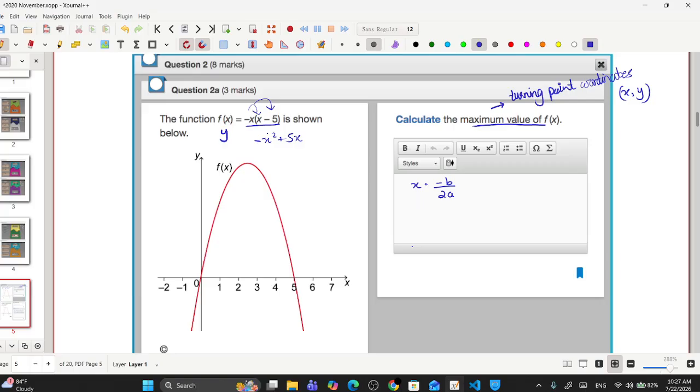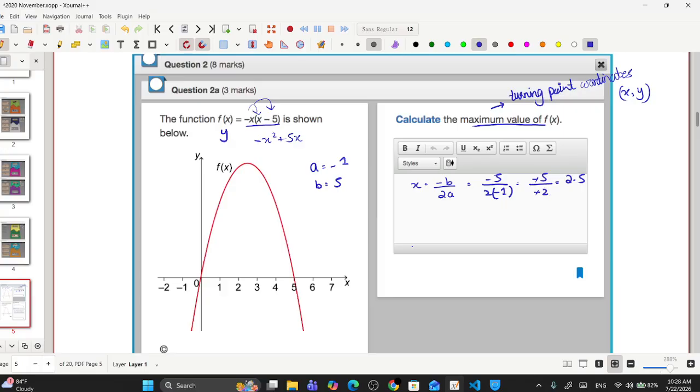The value of a is negative 1 and the value of b is positive 5. So we get minus 5 over 2 multiplied by negative 1, so minus 5 over negative 2. 5 over 2 becomes 2.5. So the x coordinate of the turning point is going to be 2.5.